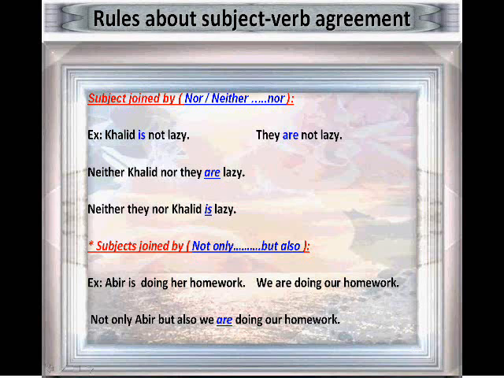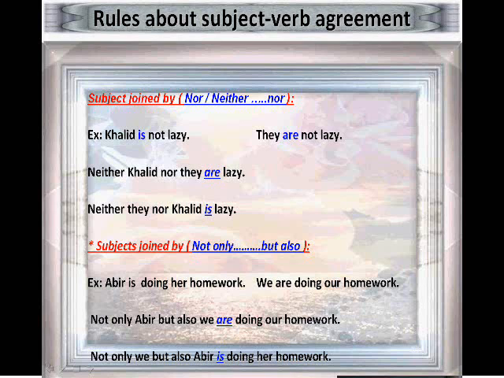So are here agreed with the nearest subject, which is plural, we. If we have it like that, we can say not only we, but also Abir is doing her homework. So in the first sentence, we have are as plural because it agreed with the nearest subject, plural, we. In the second sentence, is is singular because it agreed with the nearest subject, which is Abir, singular.